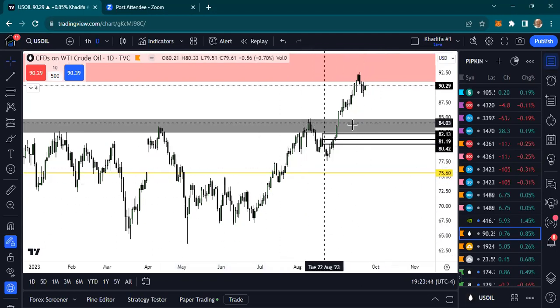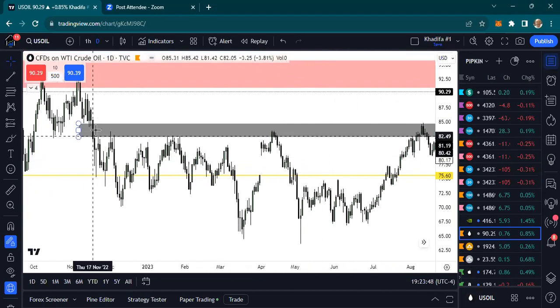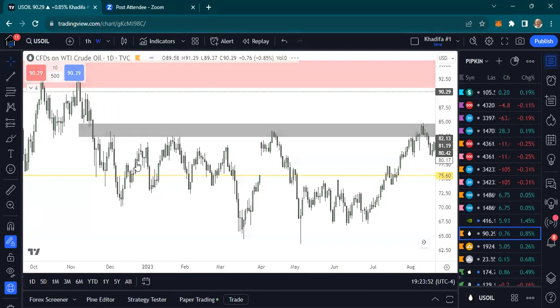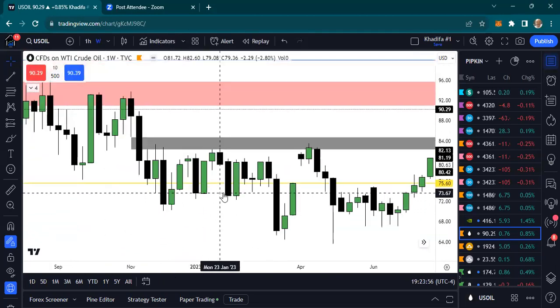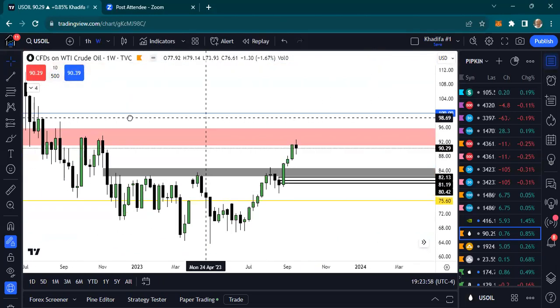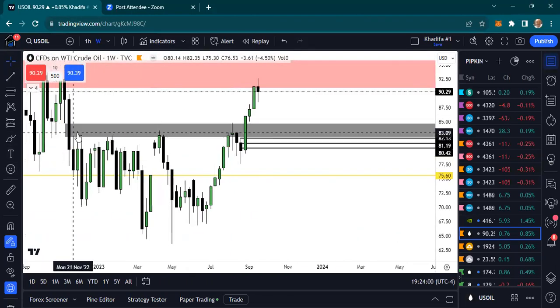We had been waiting for oil to break above this weekly fair value gap, because that is a weekly fair value gap right there. We've been waiting ever since we created that fair value gap on November the 14th, 2022.